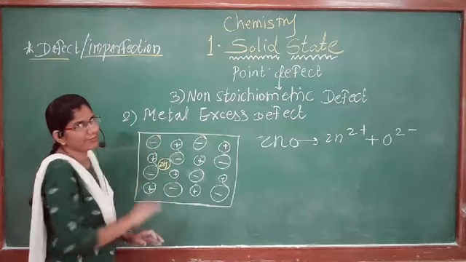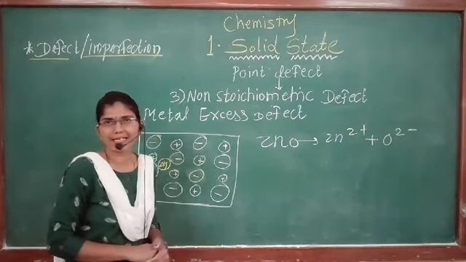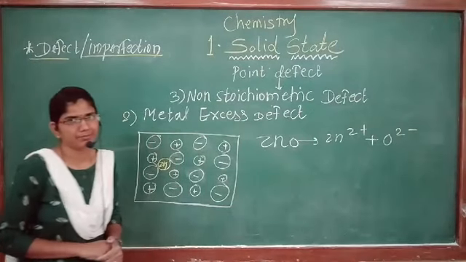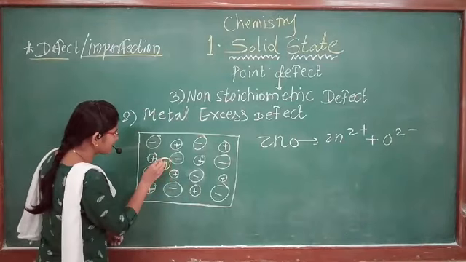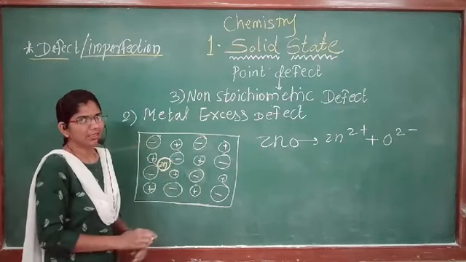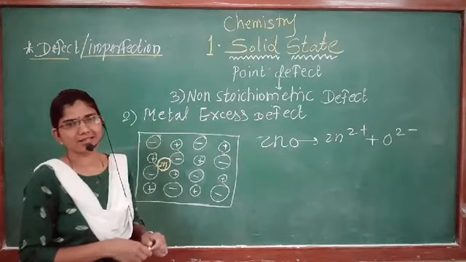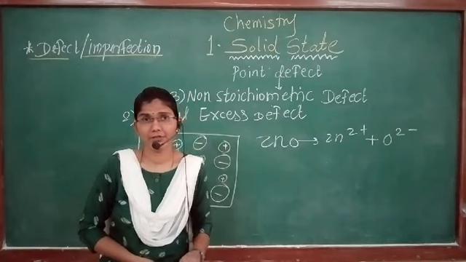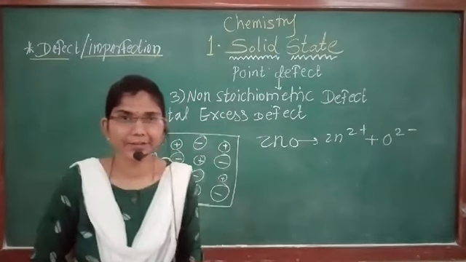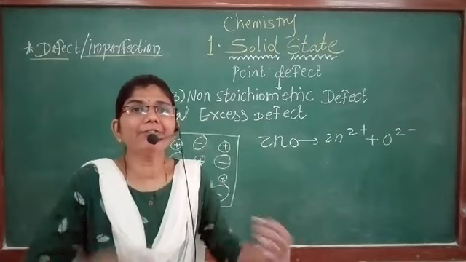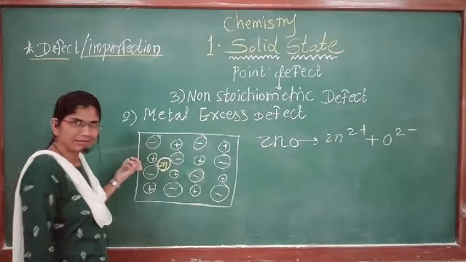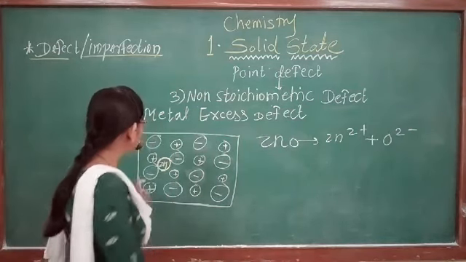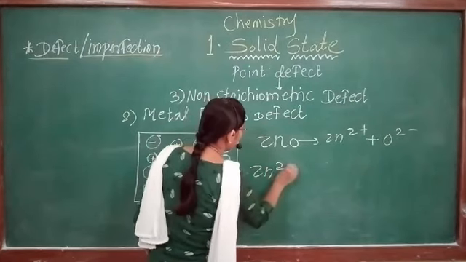In metal excess defects, as I told you, it is classified into two types. In the first, a neutral metal atom, that means an excess Zn which is neutral in nature, is added to the crystal structure, and then it forms a metal excess defect. Or secondly, if we heat this crystal, then the Zn is present in the form of Zn2+.